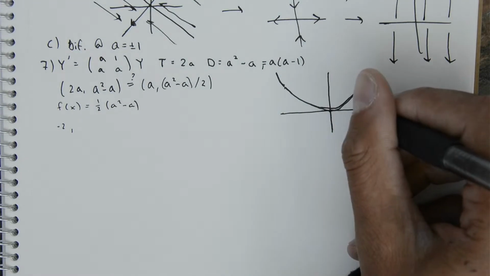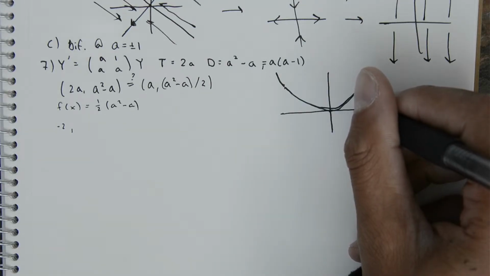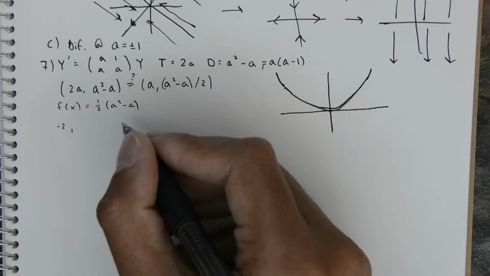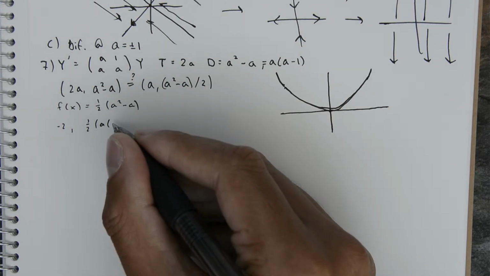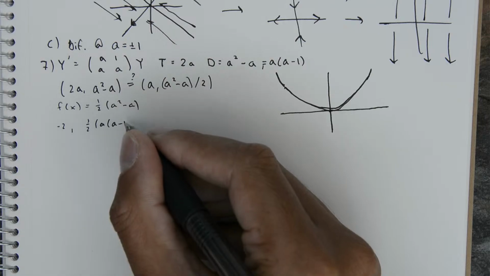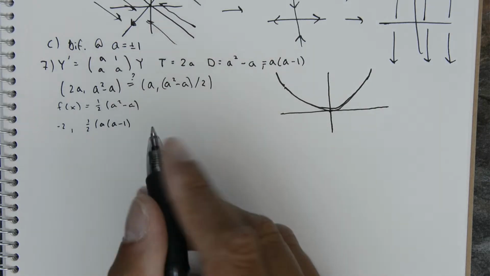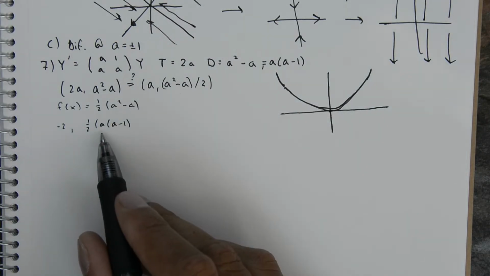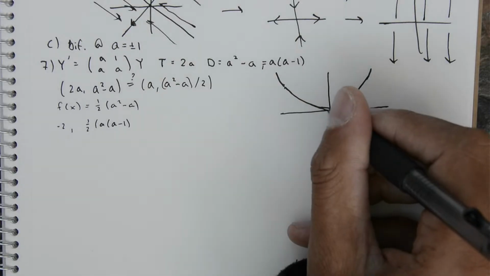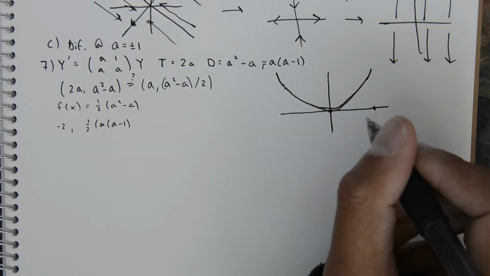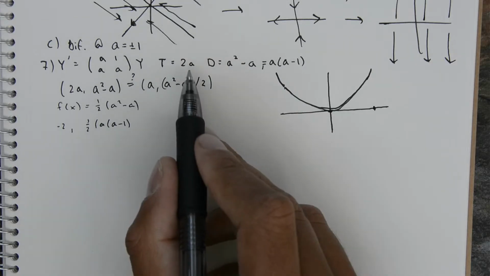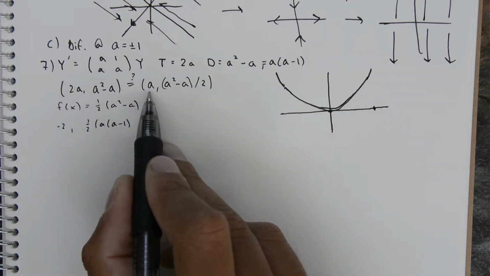Sorry, so here's a 0, but this is 1/2. So we're going to get 1/2 times a times a minus 1. Yeah, so we're still going to get our zeros at 1 and 0. So here and here are our zeros of a, which is consequently our zeros of t.